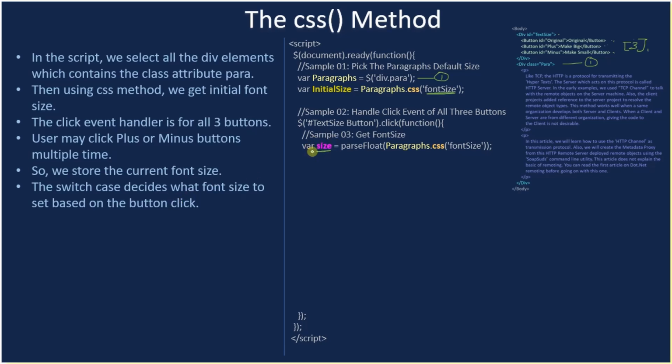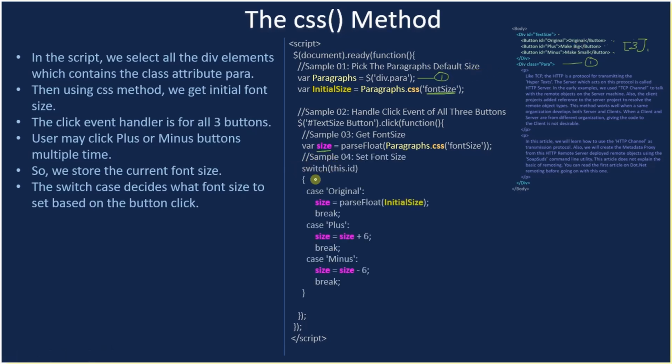So here we get the initial size because we are going to apply a new font size based on the user click, right? So if you see here, we are forming the switch case. This.id, this here denotes the currently clicked button.